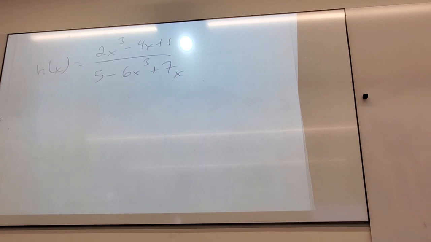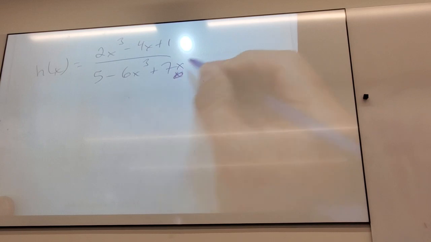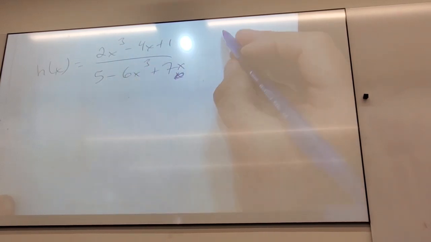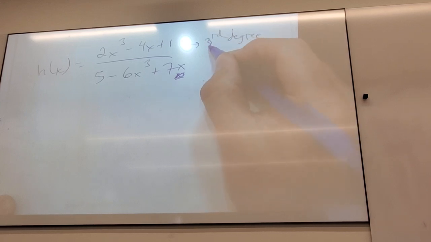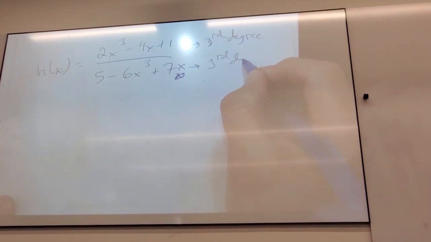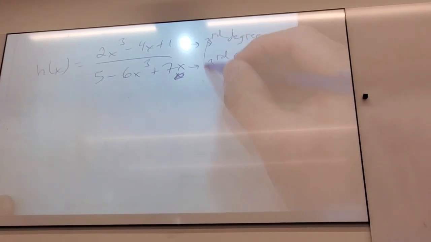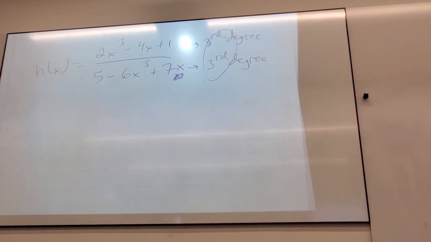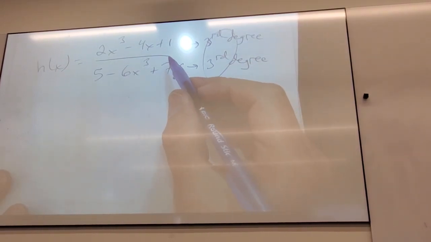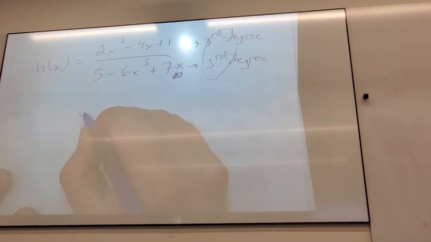What's the degree of the top? Third degree. What's the degree of the bottom? Third degree. Same degree, they're going to go lockstep. What's the coefficient of the largest degree on the top? 2.